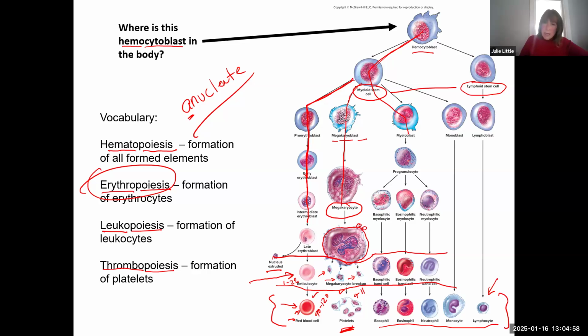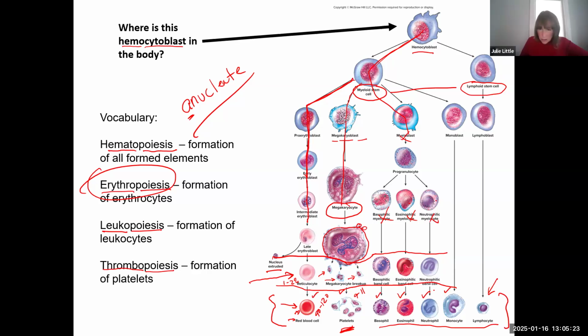This myeloblast, I'm not going to hold you accountable for all these terms, differentiates into 3 different types of cells that are ultimately going to become our granulocytes, the basophil, the eosinophil, and the neutrophil, and then one type of agranulocyte. We'll go over these terms later, the monocyte.